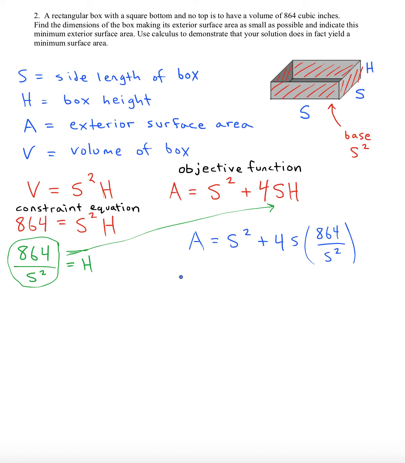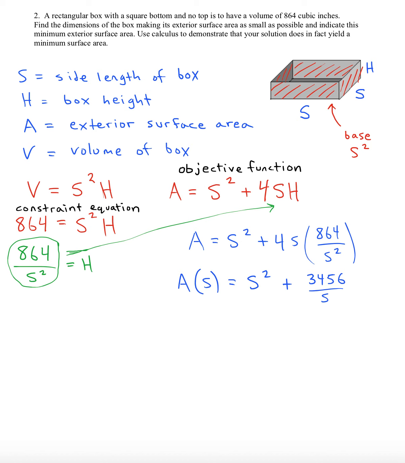Okay, we see now that our area function is a function of just one variable. We want to try to simplify it as much as possible here. We get S squared plus 3456 over S. All right. Next thing to do is to find out if this area function has a critical value.